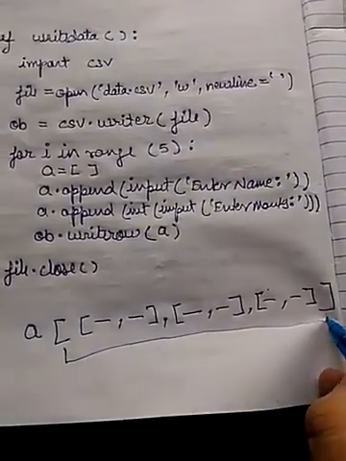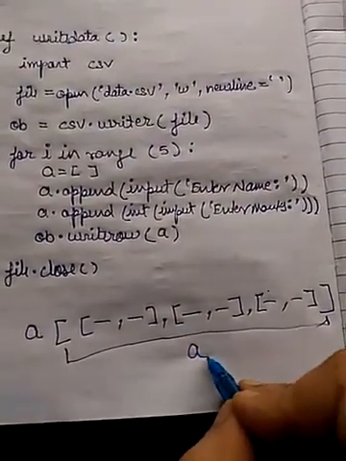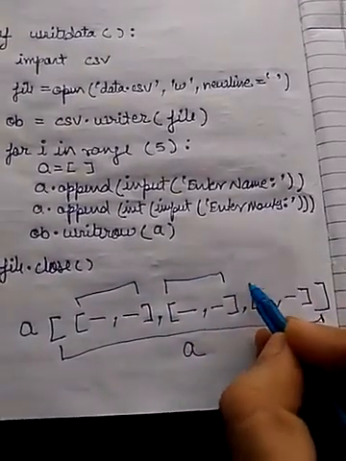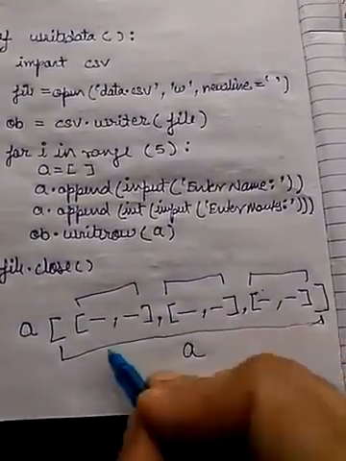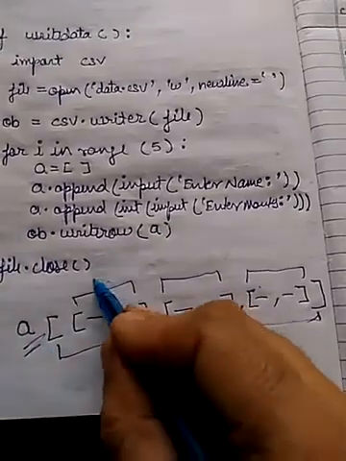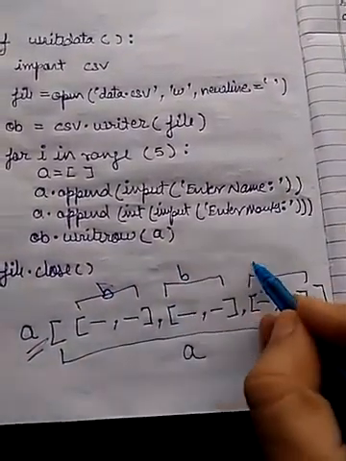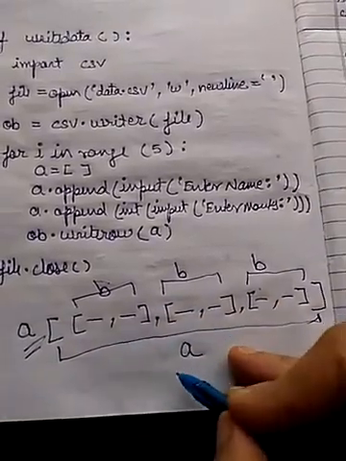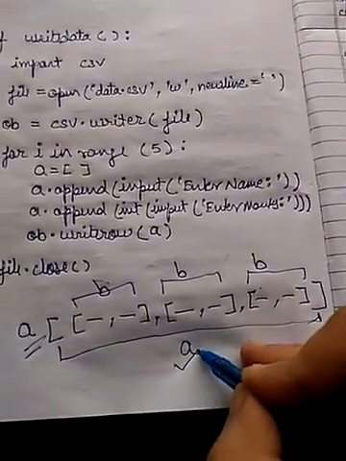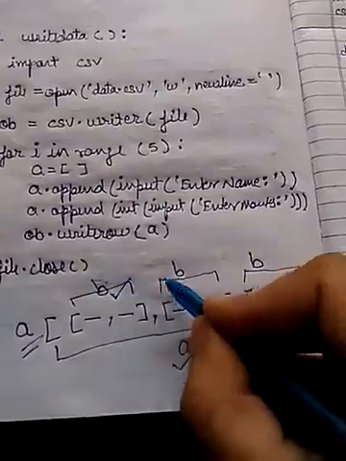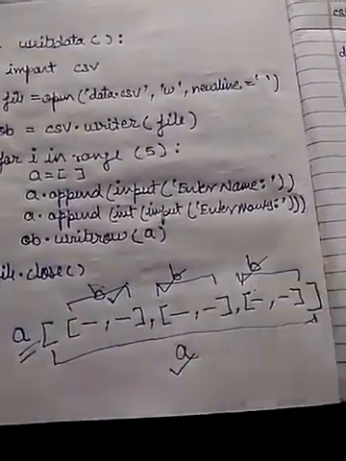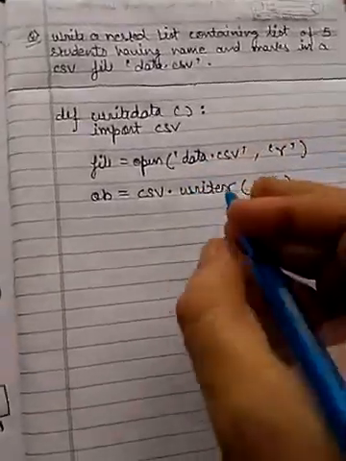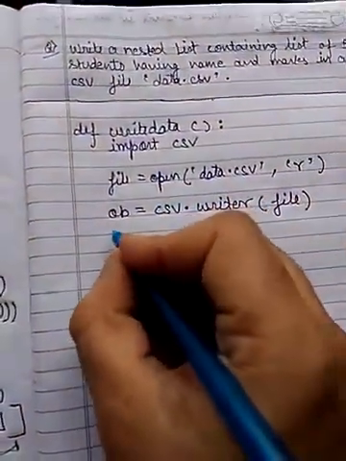We are considering it as list A, and the inner lists which are present inside the outer list, let us name them B. So here you have to create two lists. One is A, that will be the outer list, another is B, that will be the inner list. So here I am creating two lists. One is A.